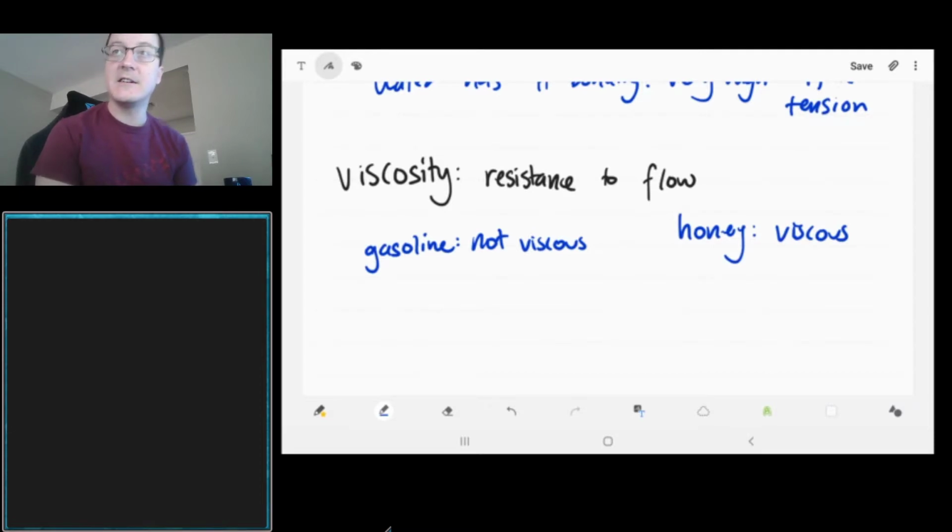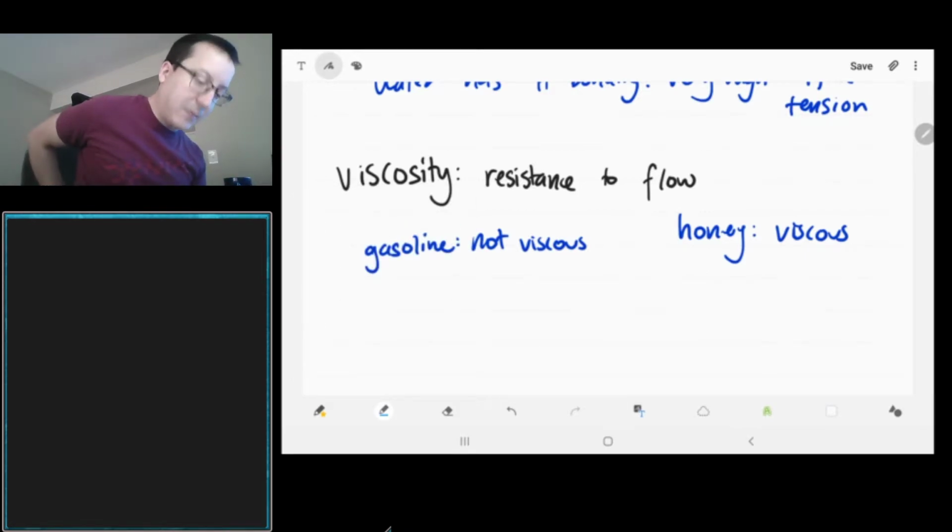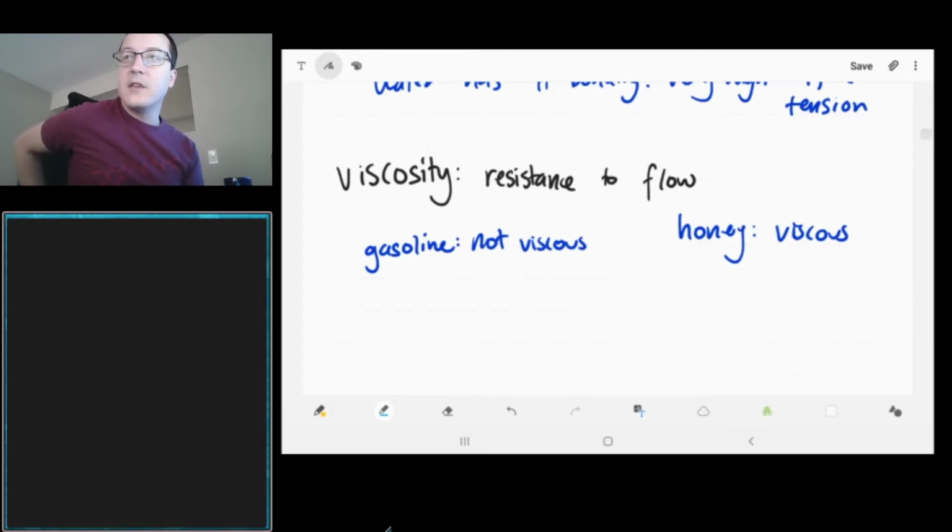Again, the idea here is that honey has a lot of intermolecular forces going on. Honey is made typically of sugars and water. And so we're going to see that because those sugar molecules are attracted to the water, they actually slow things down a little bit.